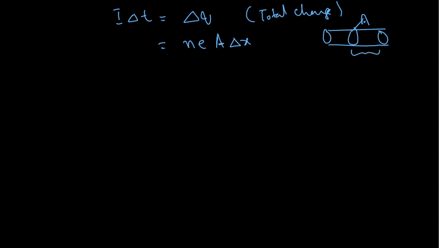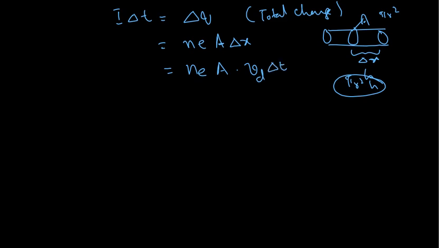If it is a circle, we say pi r squared, and this is h. Pi r squared h is the volume, isn't it? So that's why we write A delta x. Now I substitute back n e A delta x. Just now we said delta x is nothing but Vd into delta t. I delta t is equal to this.